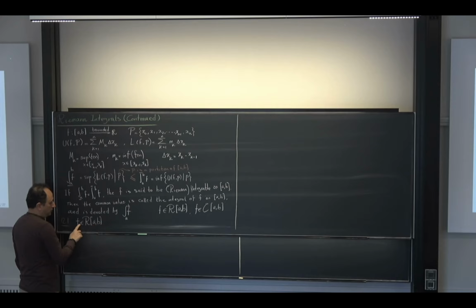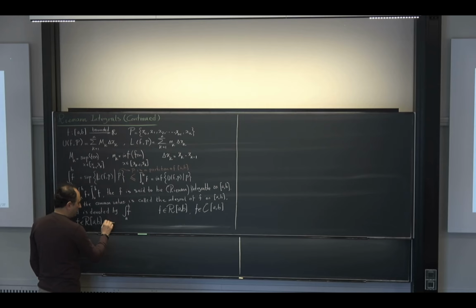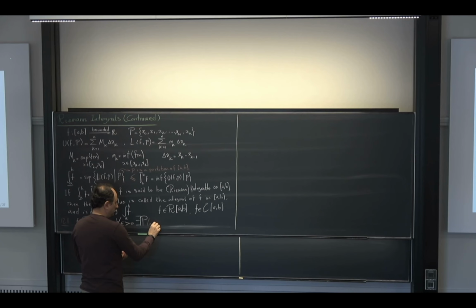You can read this as f belongs to this set, or you can say that f is Riemann integrable on a and b if and only if for any epsilon that I give you, you can find a partition P of a, b such that the difference between these two becomes smaller than that given epsilon. This is called the Riemann integrability criterion.